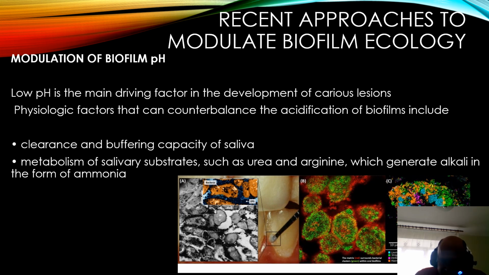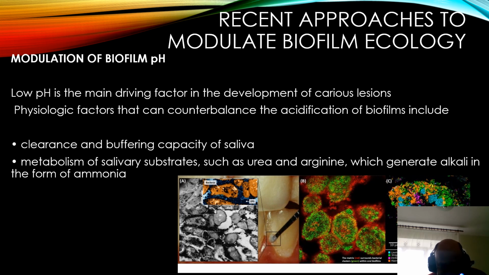How can we influence the caries level? We can modulate biofilm ecology. Modulation of biofilm pH. We need to know that a low pH is the main driving factor in the development of caries lesions.